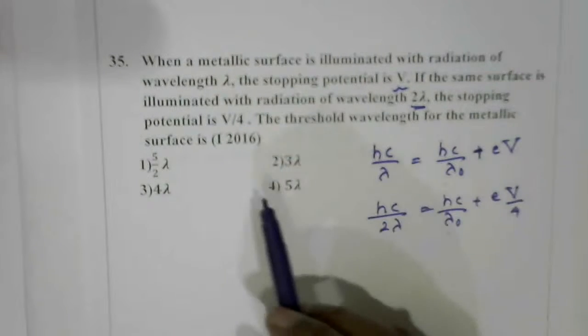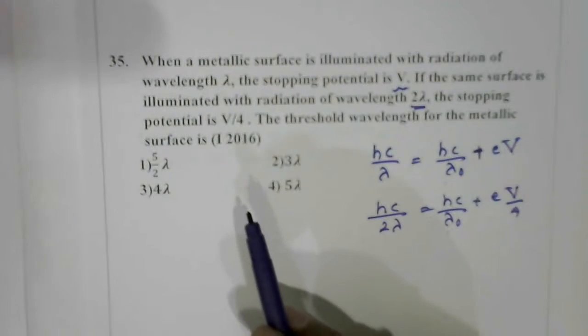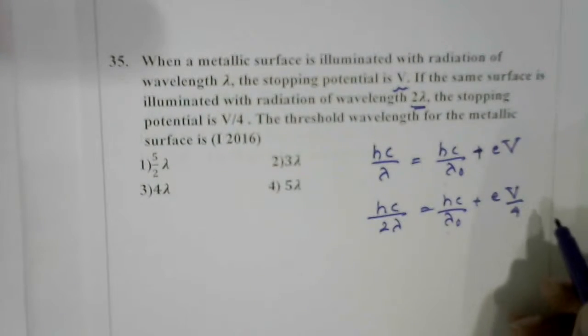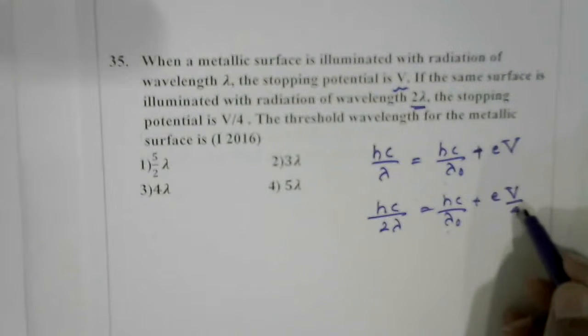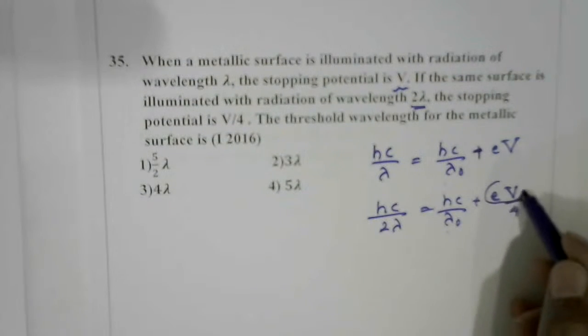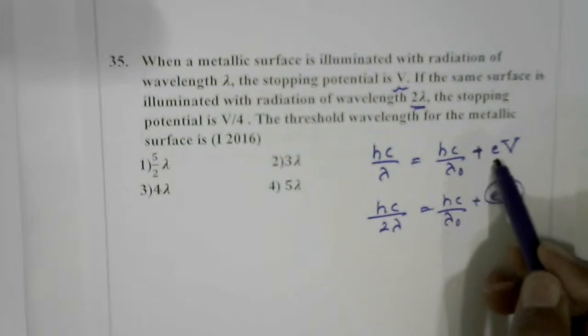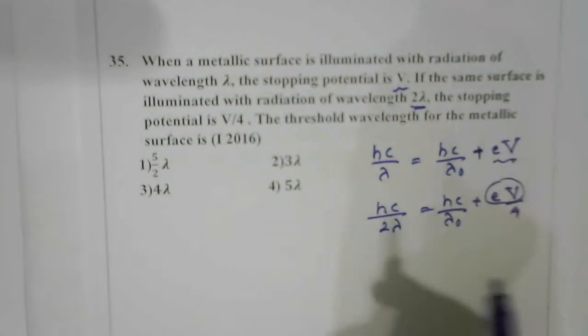But since your options are in terms of only lambda, we eliminate this. Okay, since we don't want this, we'll eliminate. What is eV from here? You can just simply substitute.